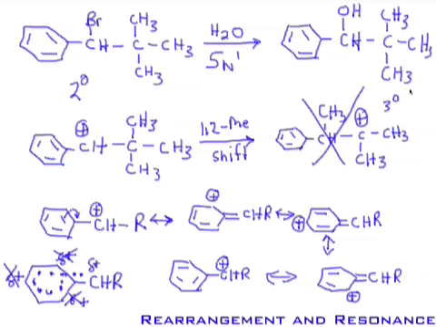How about this case? What if we have another resonance stabilized case? What if I have CH3, CH, Br, CH2, CH, double bond CH2. Well, here I have a secondary alkyl halide.